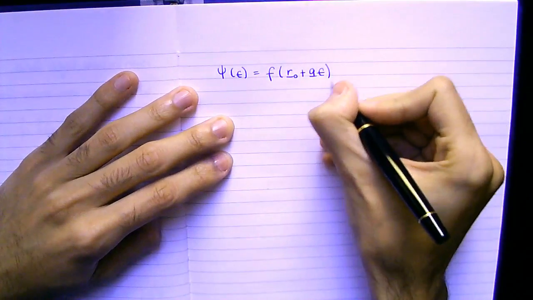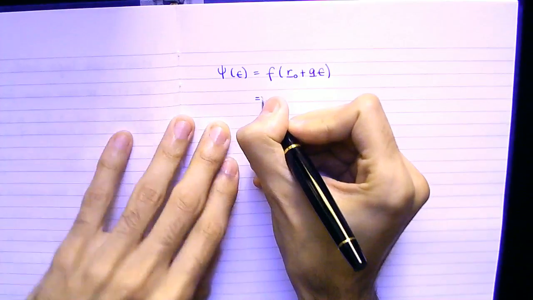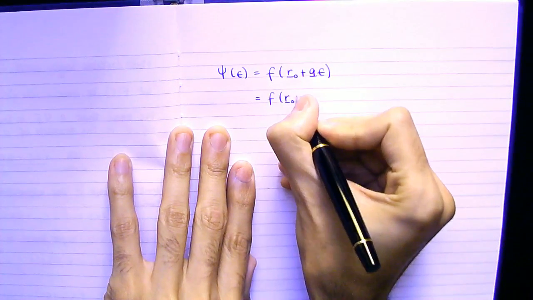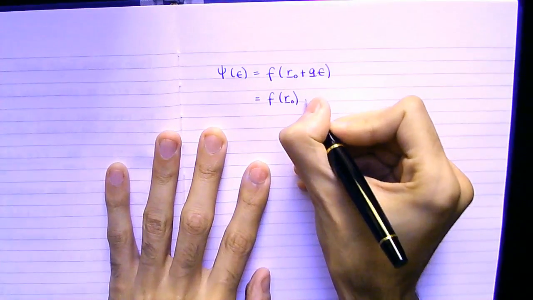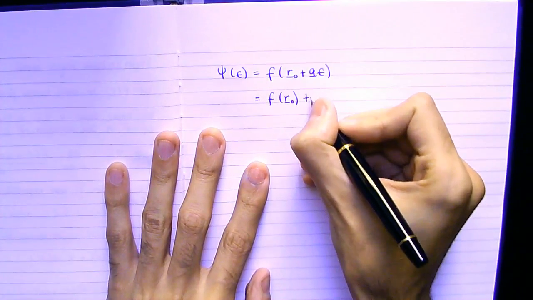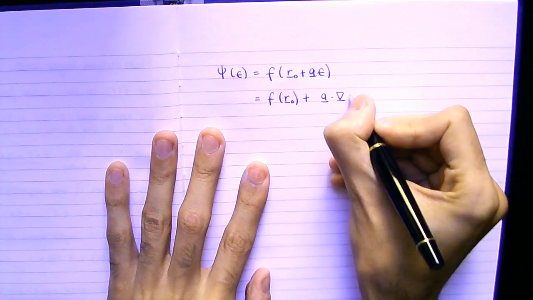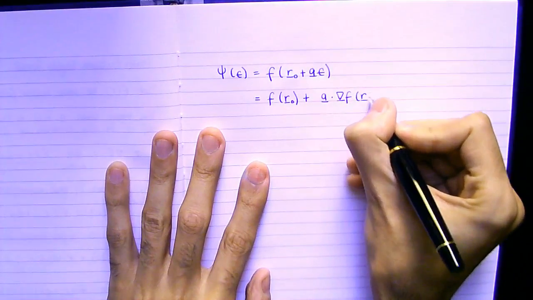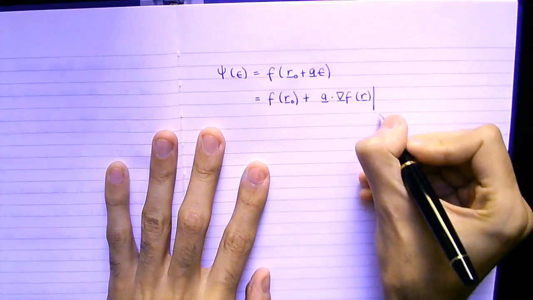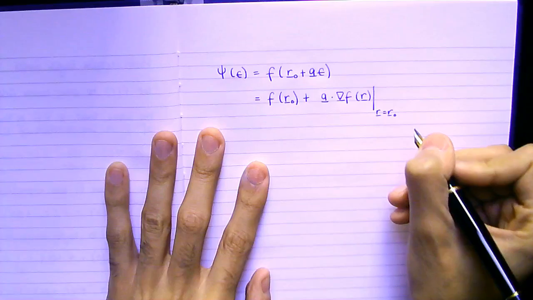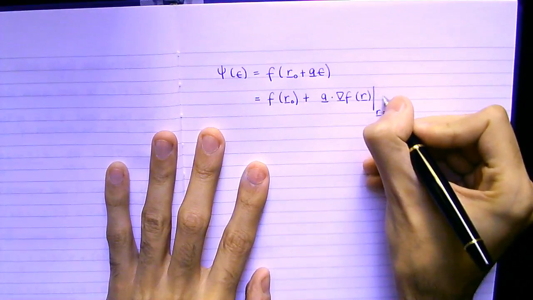And now I can just fill in the Taylor series for this expression. So this is going to be this term plus a directional derivative term evaluated at some point, and this is multiplied by epsilon.